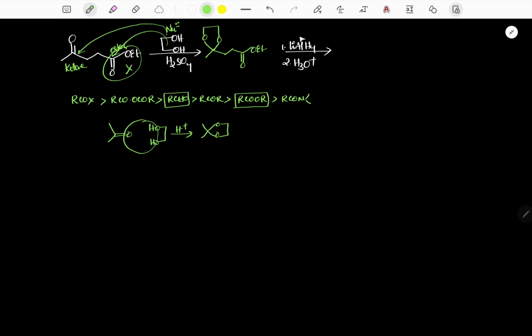Now it is treated with lithium aluminum hydride. It is a strong reducing agent and it won't reduce the ether, but it reduces the carboxylic ester. The carboxylic ester undergoes reduction and finally gives the corresponding alcohol.